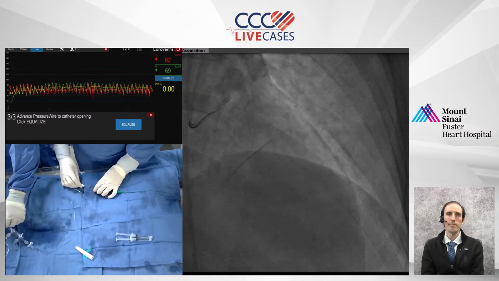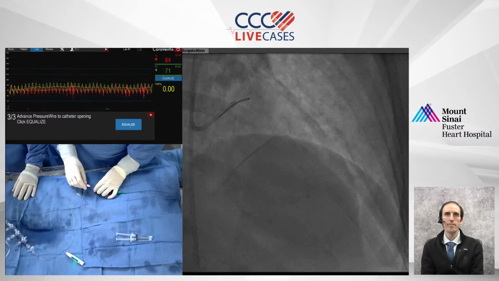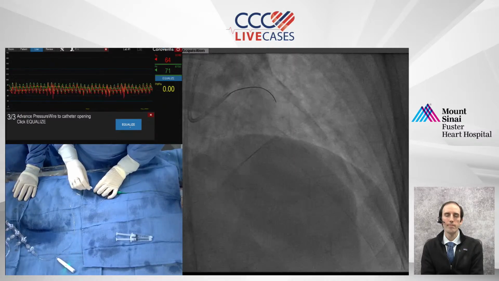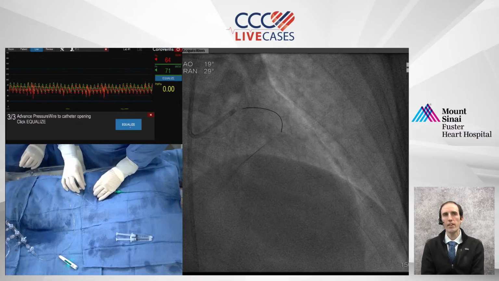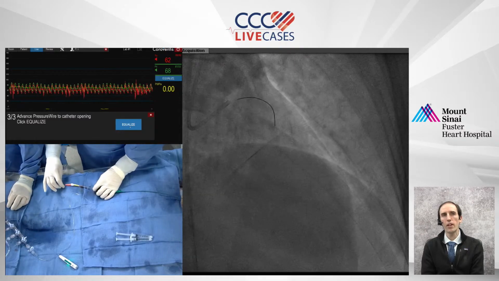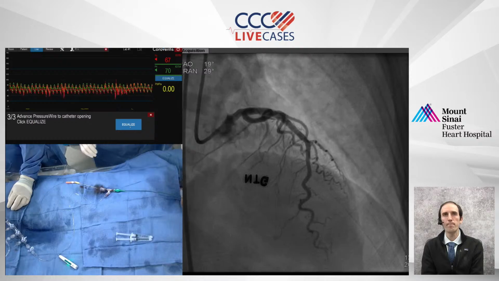Sometimes we will do the RCA in that scenario, but by and large, we're typically only doing the LAD. And I think that's pretty standard across most of us that are doing this. Yeah, I think that's where most of the data are. We have the most robust evidence for LAD testing, so I think that's the practice at most centers.